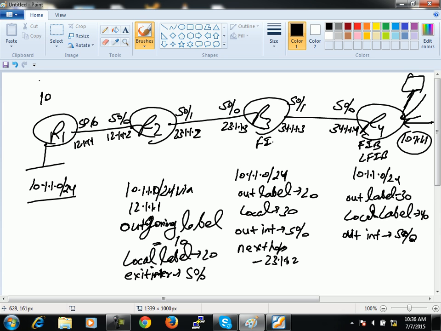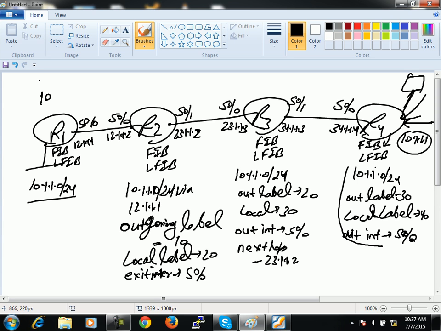Here also it will be FIB as well as LFIB, on all routers, right? So what is the rule actually? If you received an unlabeled packet, then you will always perform lookup in your FIB. So of course it will have this prefix information in FIB, and also its outgoing label will be 30 inside FIB as well.